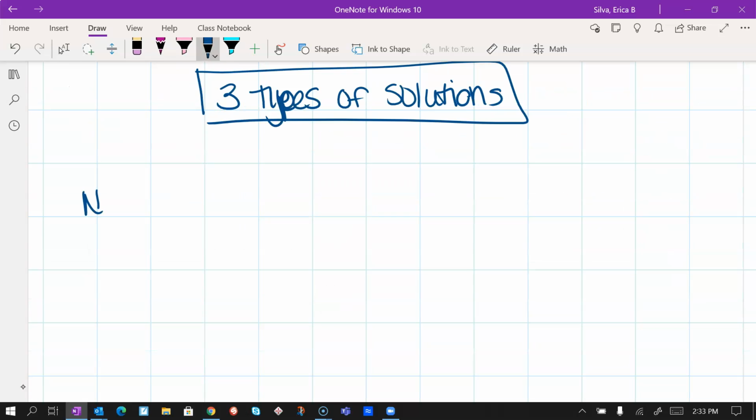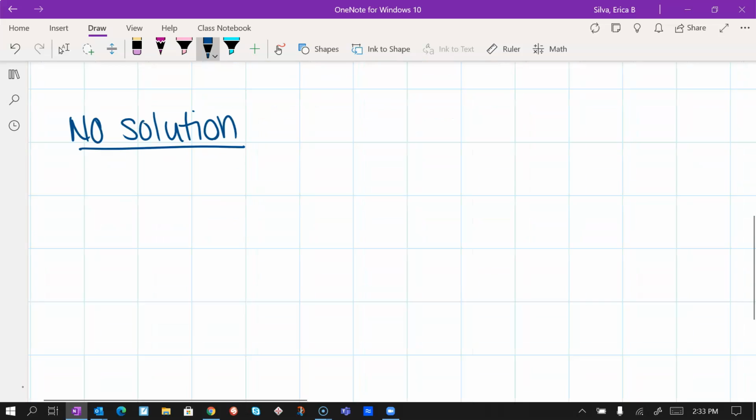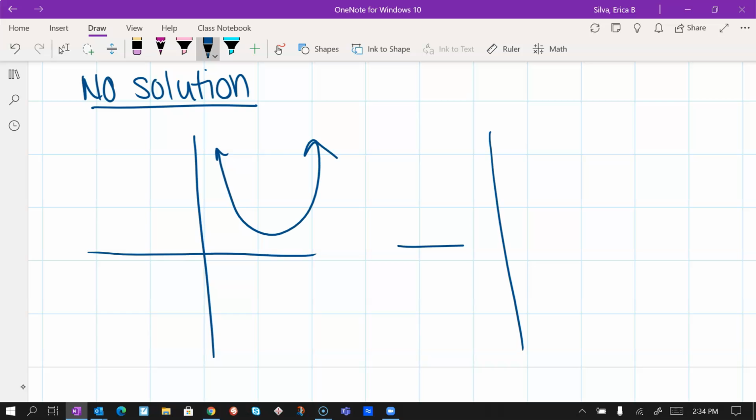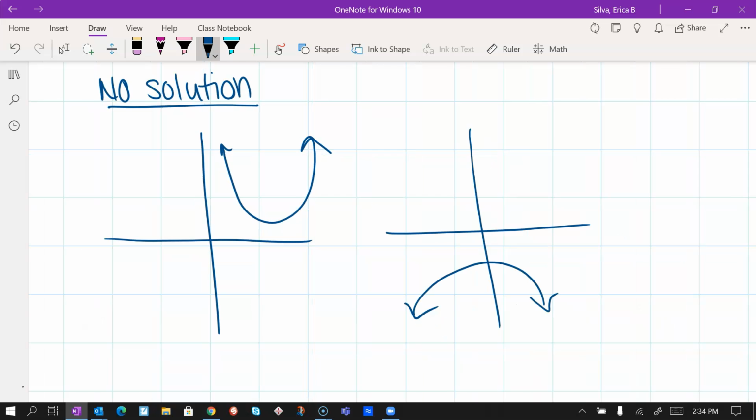The first one is when we have no solution. This is an example of no solution. And this is an example of no solution.